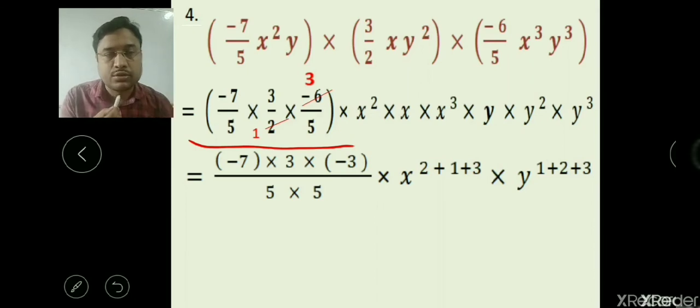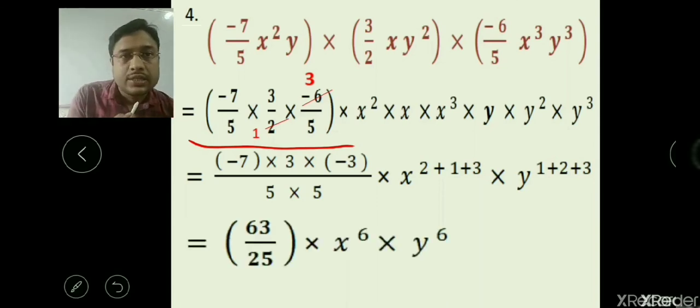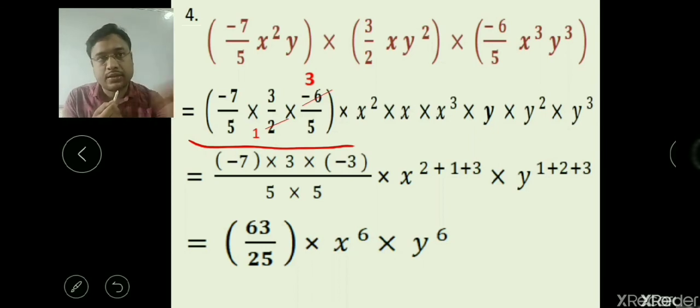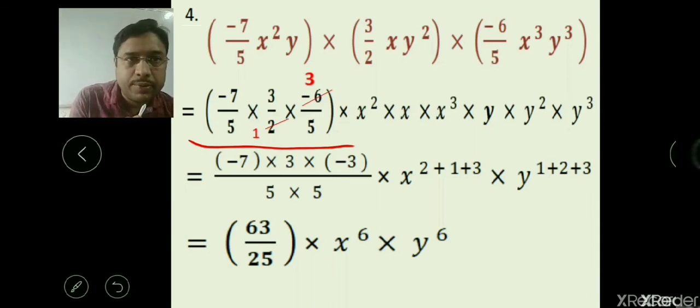And take the sign also, minus 7 into 3 into minus 3. Minus into minus will give plus here. So the result is 3 into 3 is 9, and 9 into 7 is 63. The minus and minus give the positive result. So the result is 63 by 25.